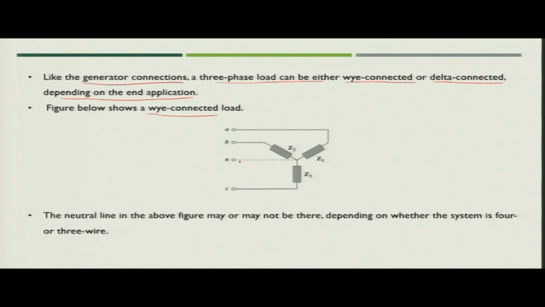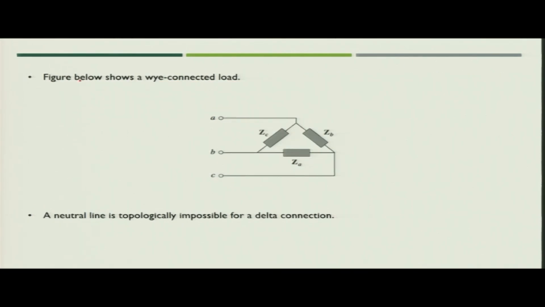The neutral may or may not be available. It is not necessary that the neutral is always physically present and reachable for connections. So, you might have a 3-phase 3-wire system for the load, or a 3-phase 4-wire system. The next combination is delta connected.